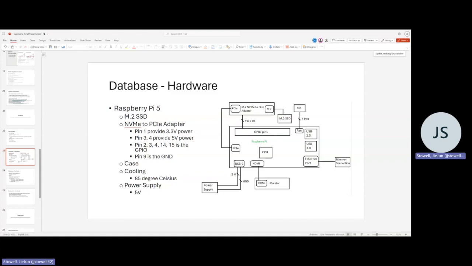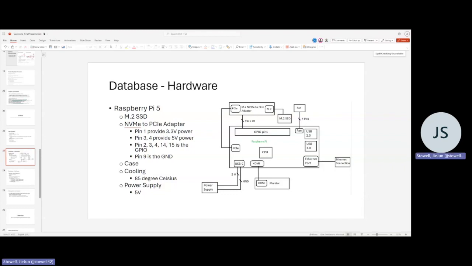And for the database, there are two components, hardware and software. For the hardware part, it will be using the Raspberry Pi, which has a few components: an M.2 SSD, used for storage, which stores all the data extracted from the RID signal received from the receiver system.